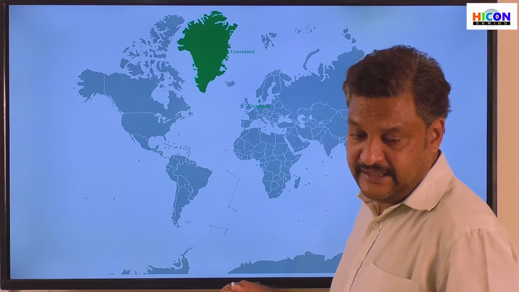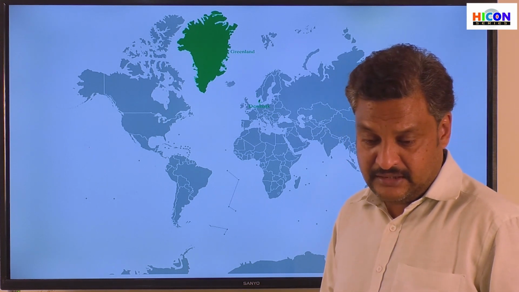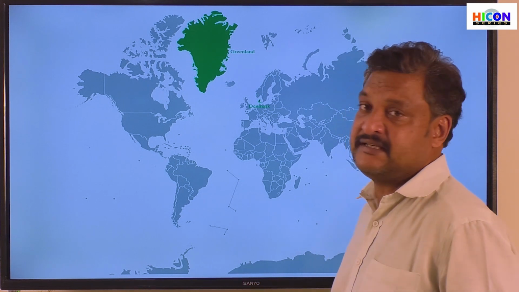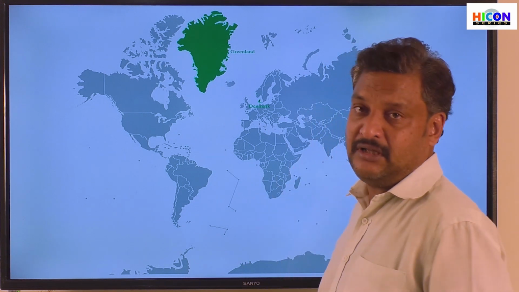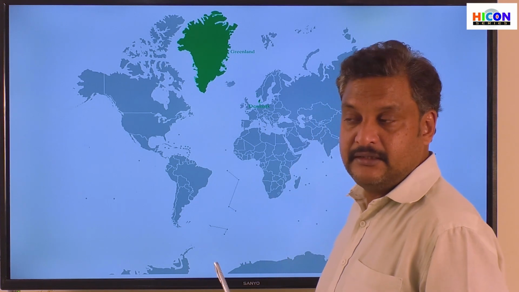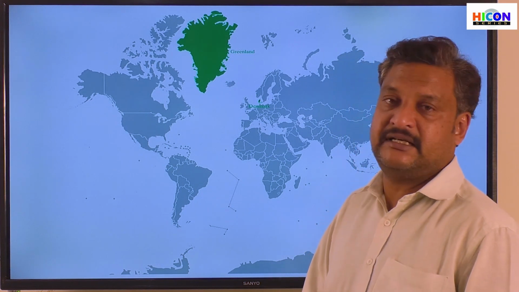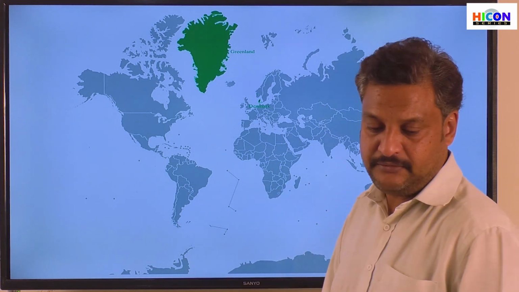In 1380, the Dutch people attacked it and made it a colony. In 1953, it was internationally accepted as a land belonging to Denmark. And from 1981, Greenland has its own government. Still, it is an area which belongs to Denmark.